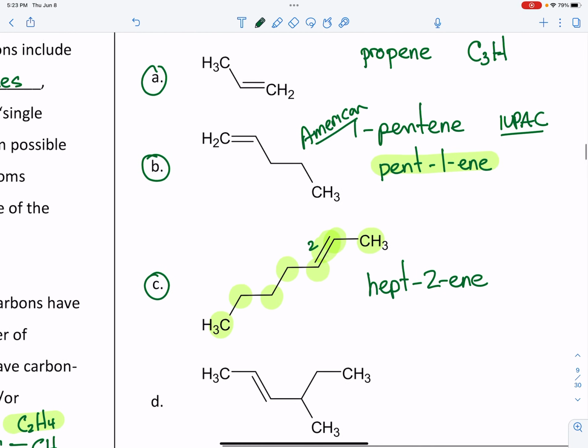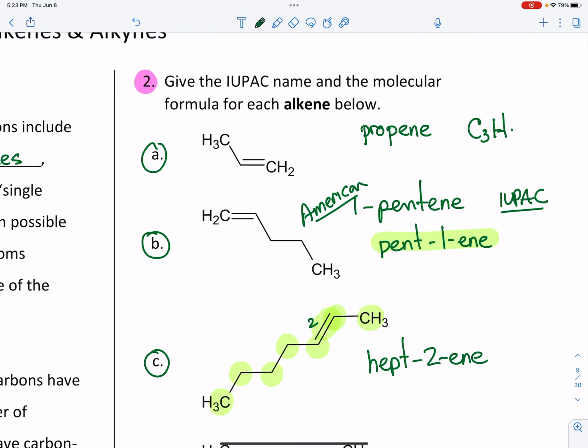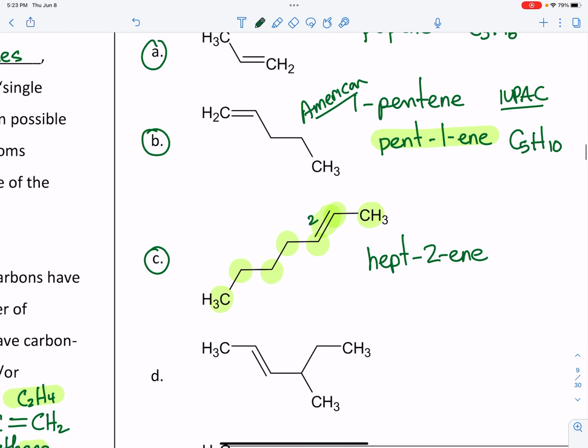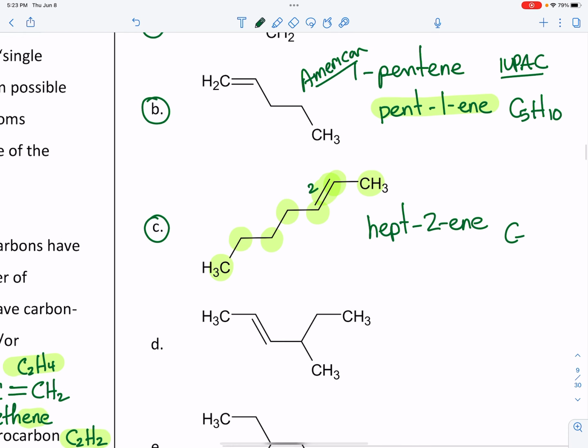So if you have 3 carbons, you're going to have 6 hydrogens. In the second molecule, we see 5 carbons, so C5, and therefore we double that. It's going to have 10 hydrogens. In the third molecule, we see 7 carbons. We double that. It's going to be C7H14.